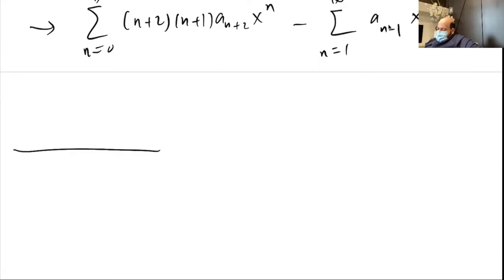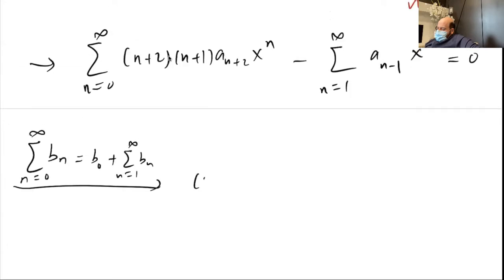So we're using basically this formula: sigma b_n from n equals 0 to infinity is the same as b_0 plus sigma b_n from n equals 1 to infinity. If you want to add all the indices from 0 all the way to infinity, you can start with index 0 and then add all the indices from 1 to infinity. So if I replace n with 0 here, what do I get? I get 2 times 1 times a_2 times x to the power 0, which is 1.